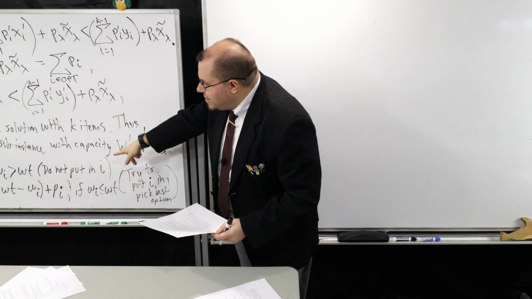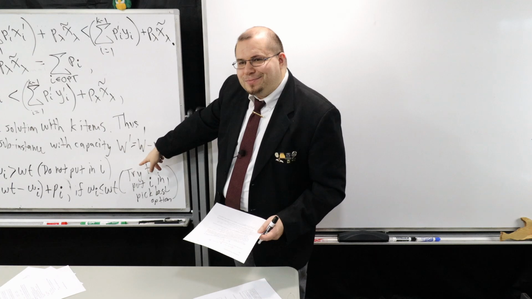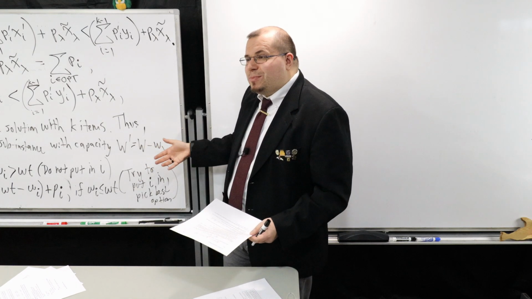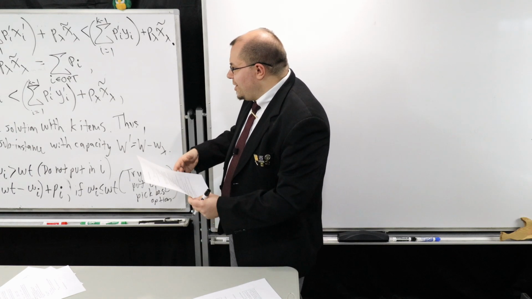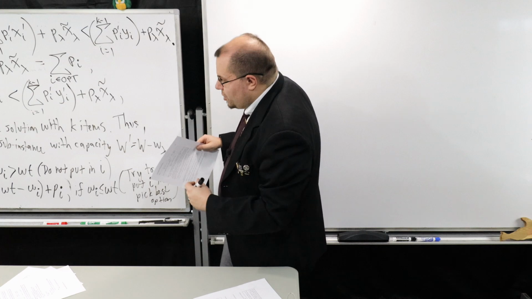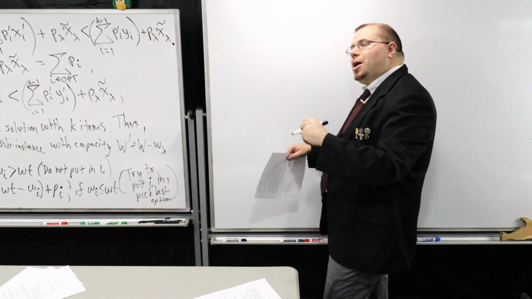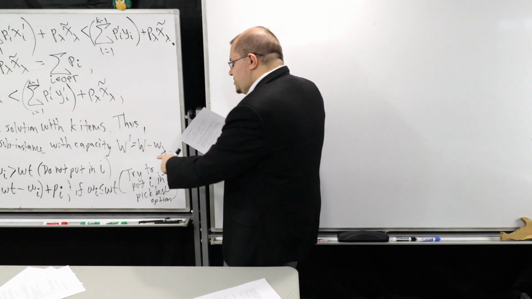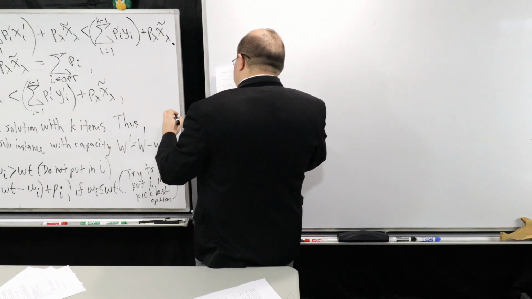Now, you notice that I didn't actually give you any base conditions for this recurrence, right? Notice that I didn't say anything about, okay, well, what are the smallest values here in certain cases? Believe it or not, there's actually base cases for this recurrence. But remember, this recurrence's job is to represent the value of an optimal solution. So let me just describe for you the definition of the two base cases here.